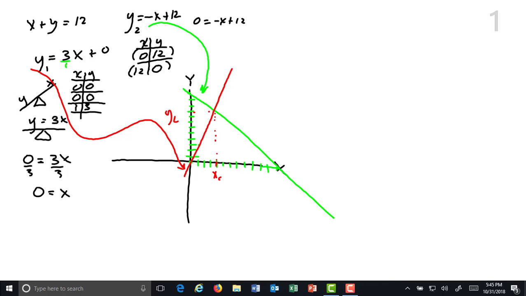So we want to find that intersection. That's the only point where y2 is going to be equal to y1.